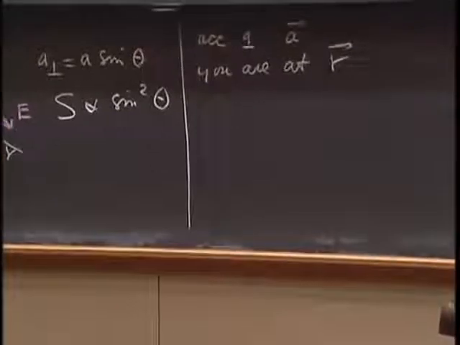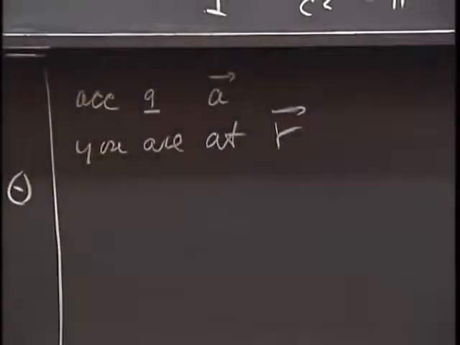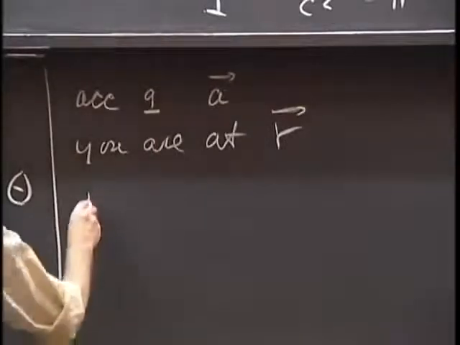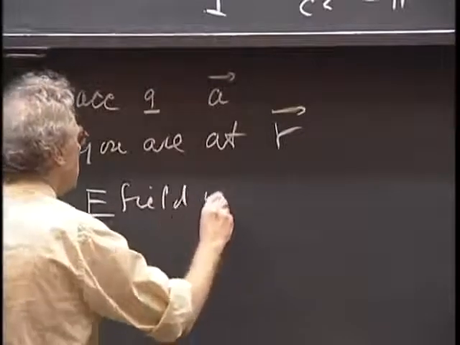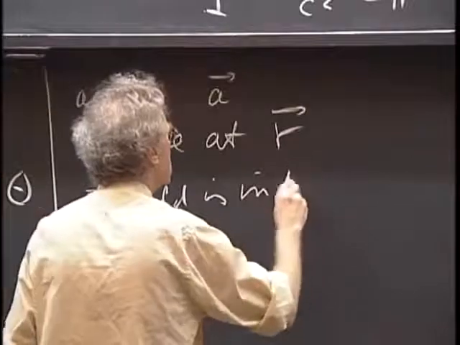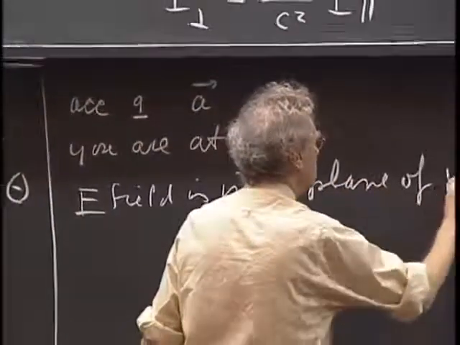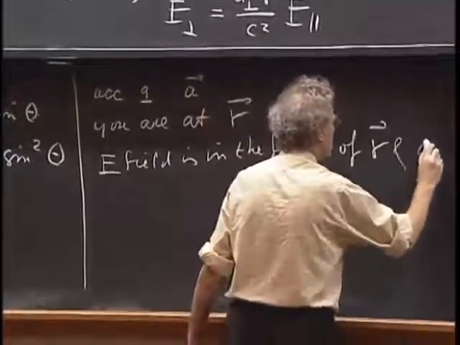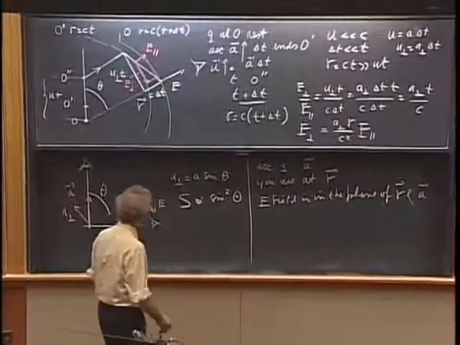Then you observe an electromagnetic wave, but you observe it with a time delay, which I'll not further expand on. But now comes a key thing, that the E field is in the plane of R and A. And you can confirm that with this picture there.